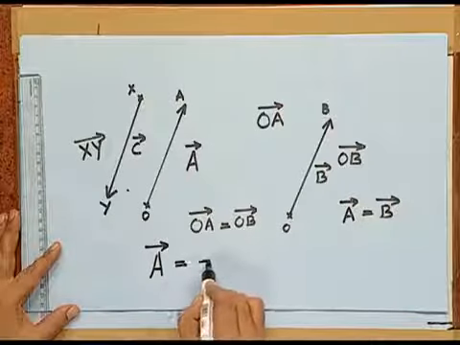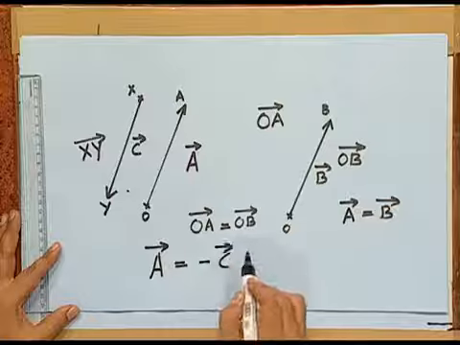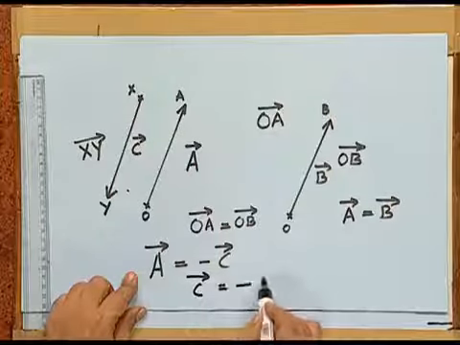We say A is minus of C, that is, two vectors which are the same magnitude but one being anti-parallel to the other, then we say vector C is negative of vector A, or you can also say vector A is negative of vector C.